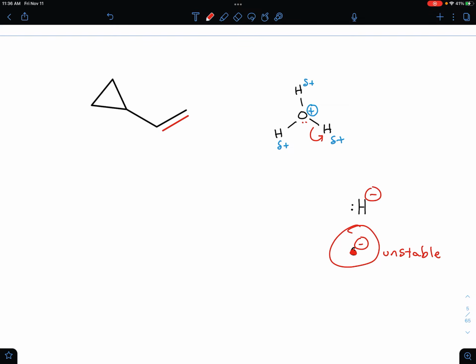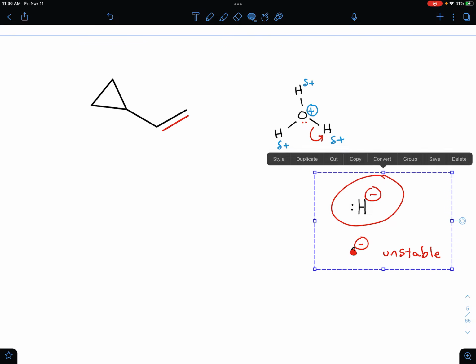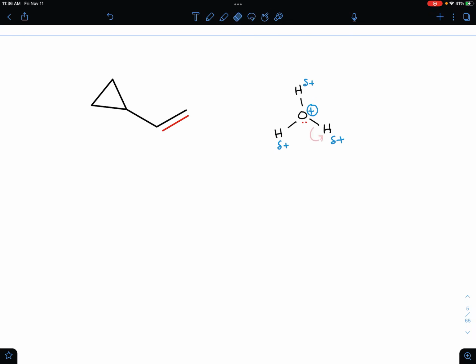Stable means spread out. Unstable means not spread out. And here you have a charge that is not spread out at all. So hydrogen is a terrible leaving group because if it tries to leave, it becomes extremely unstable. And so although there is a strong electrophile in the middle of this molecule, because there's no leaving group, it's very, very hard to form a bond to it.